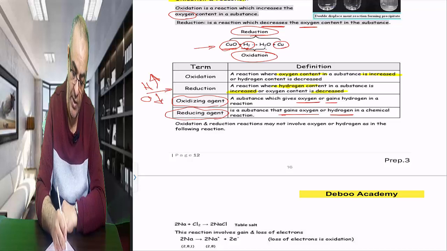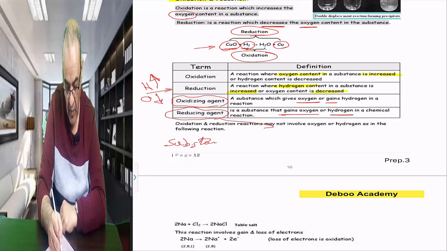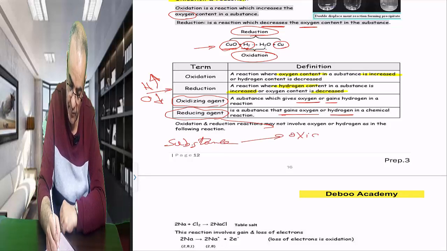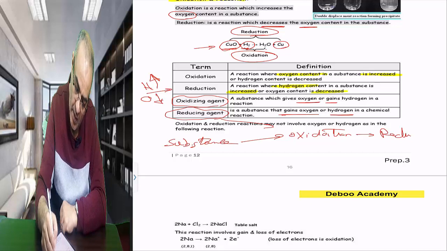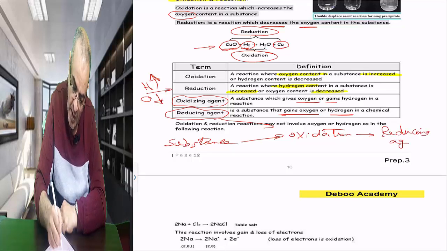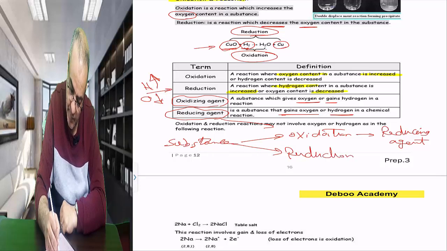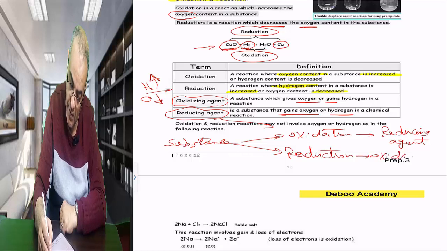When oxidation happens to a substance, it is the reducing agent. But when reduction happens to the substance, it is the oxidizing agent.